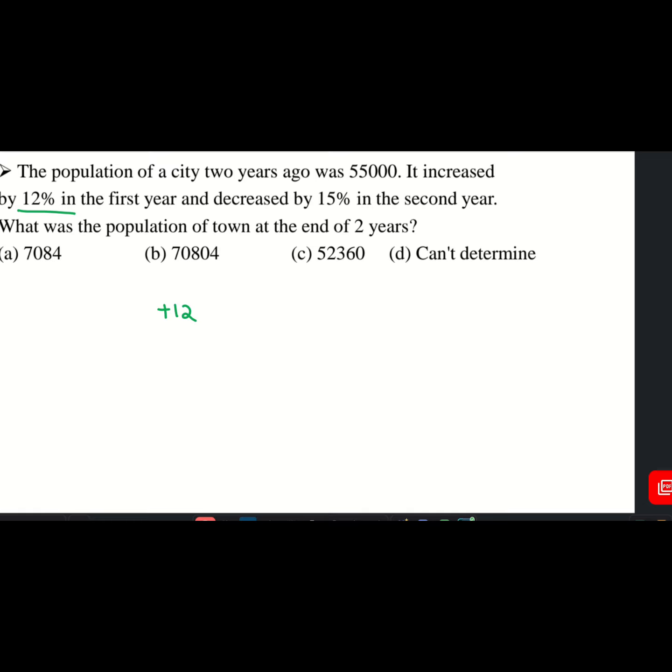Next, the decrease is minus 15. Plus into minus will be minus 12 into 15 divided by 100. 5 3s are 15, 4 3s are 12, 4 5s are 20, so 9 by 5 equals 1.8. So finally we are getting minus 4.8.